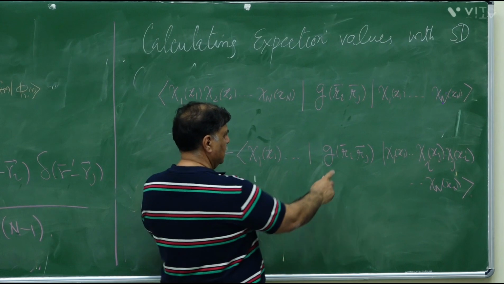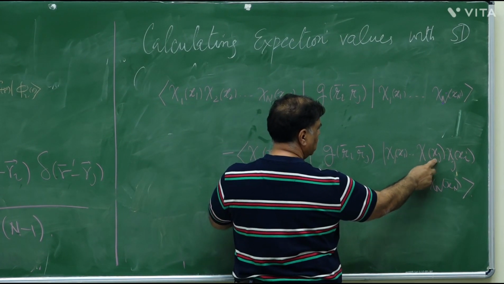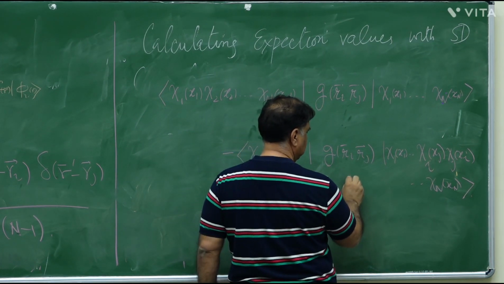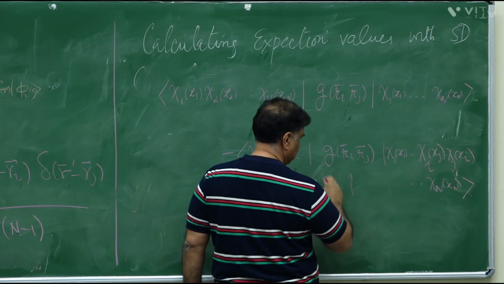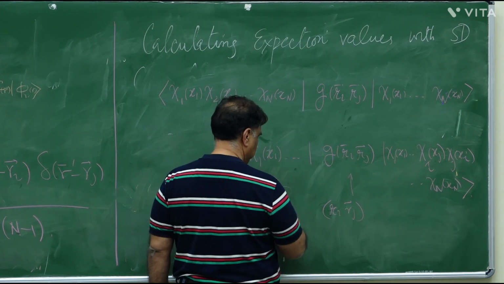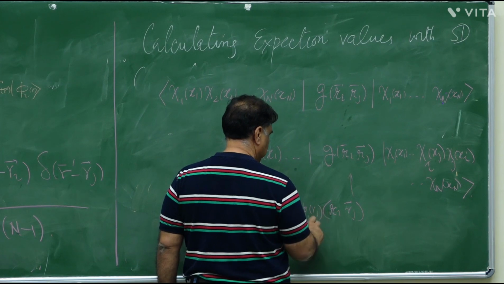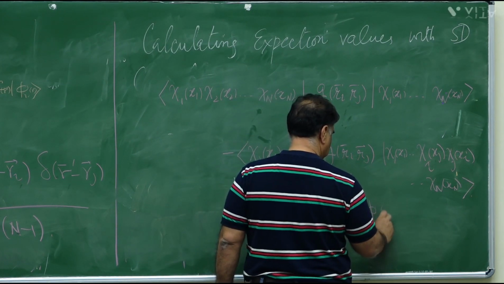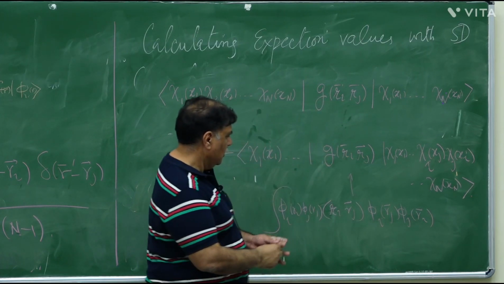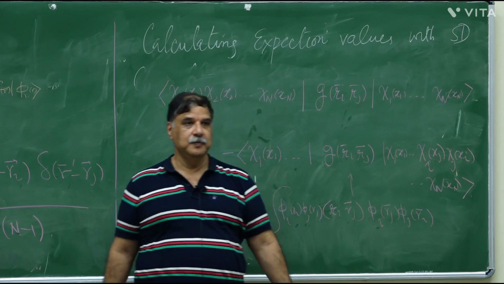Still I'll have non-zero because chi_i with j will not give me zero because this is like I'm calculating some function, right? r_i, r_j, integration phi_i(r_i) phi_j(r_j) phi_i(r_j) phi_j(r_i). If this term was not there, this is orthogonal, this would have been zero. But because of this term, it's not zero.